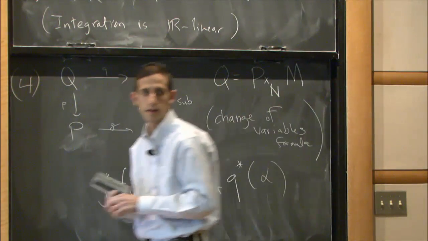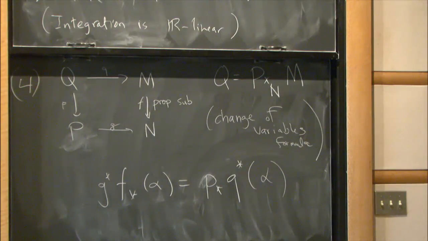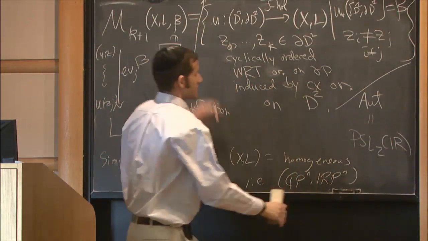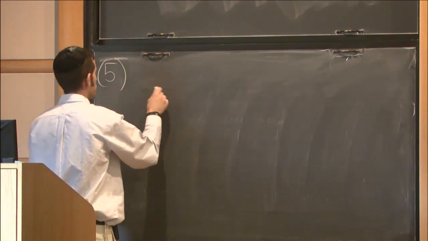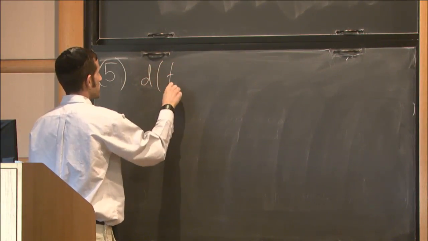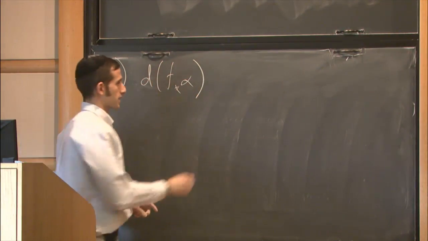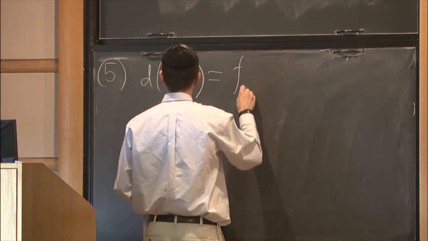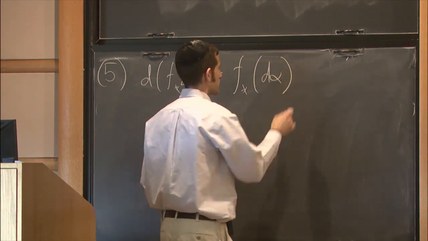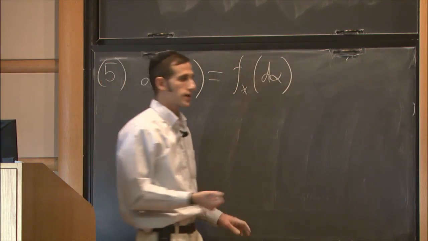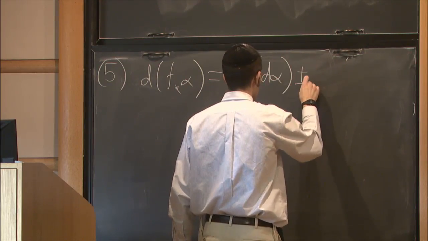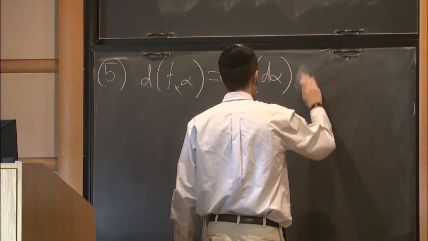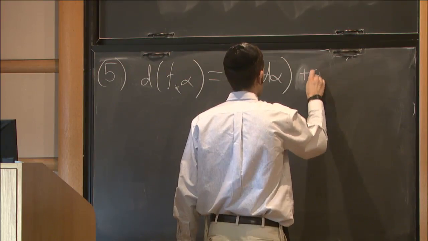And finally, there's Stokes' theorem, which I must lecture on in exactly half an hour from now, which is that if we take the differential of the push forward, then it commutes with the differential. But there's a correction term which comes from the fiber-wise boundary. I'll write this sign here just for kicks.